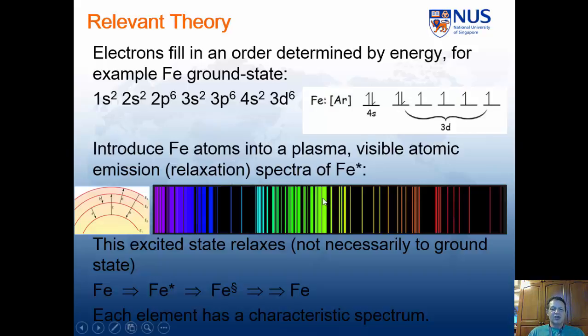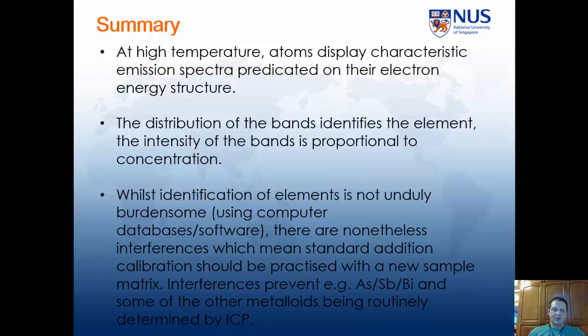It's not 1 or 2 lines, because you have a number of electrons in the ground state that at 7000 Kelvin can be promoted to excited states and then relax. And of course each element has its own characteristic spectrum, in the same way that iron has its characteristic spectrum.